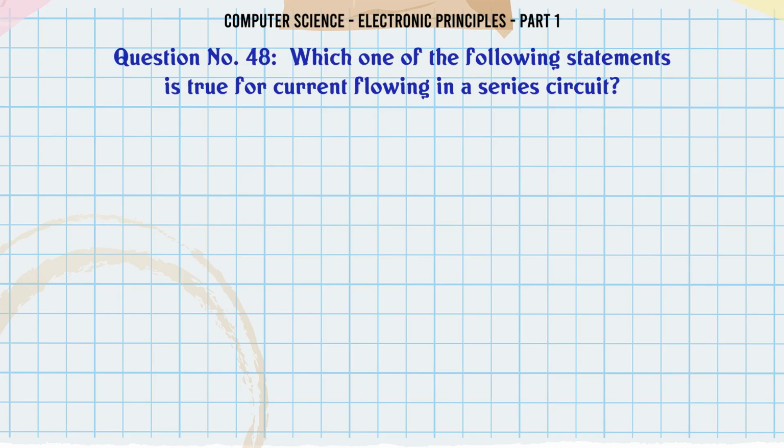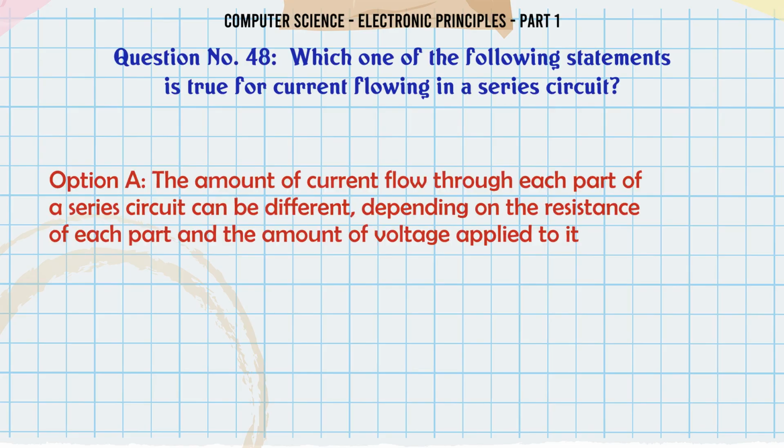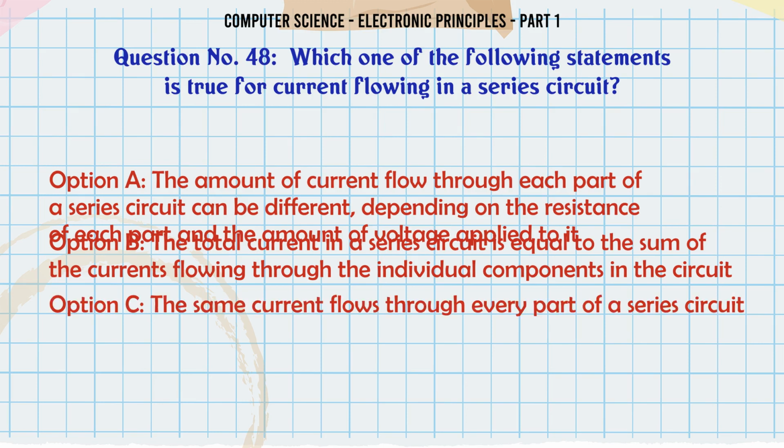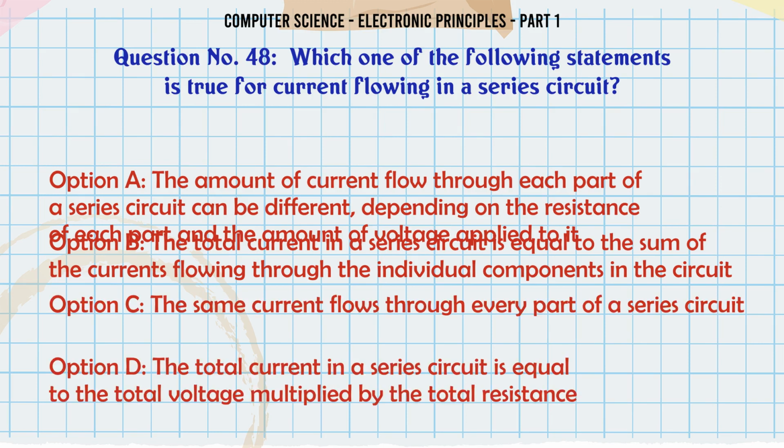Which one of the following statements is true for current flowing in a series circuit? A. The amount of current flow through each part of a series circuit can be different depending on the resistance of each part and the amount of voltage applied to it. B. The total current in a series circuit is equal to the sum of the currents flowing through the individual components in the circuit.